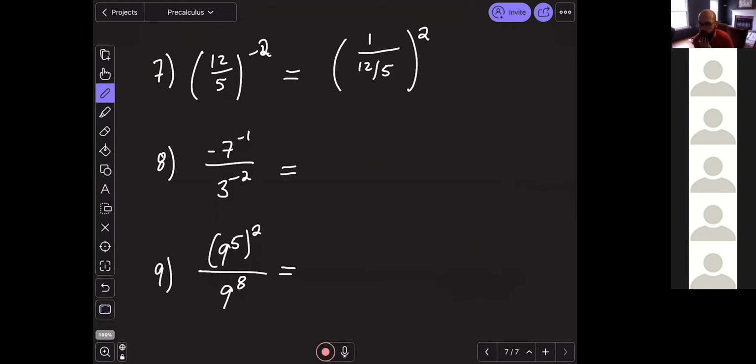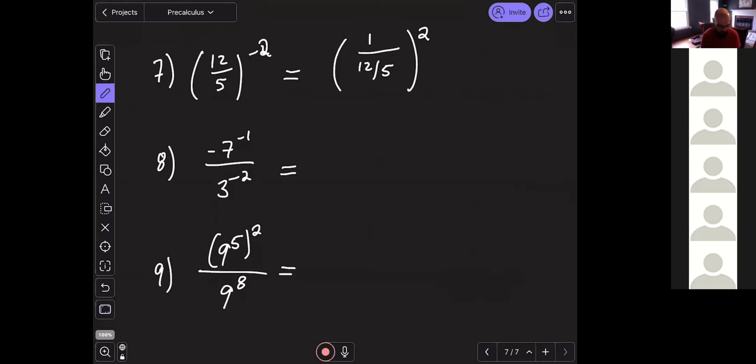All right, so we'll take a look at this first one here. I'm going to take this step when I deal with this negative exponent. We're talking about putting this in the denominator, so if I look at this as 1 over 12 over 5, one of the things we like to say to ourselves is, hey, dividing is the same as multiplying by the reciprocal.